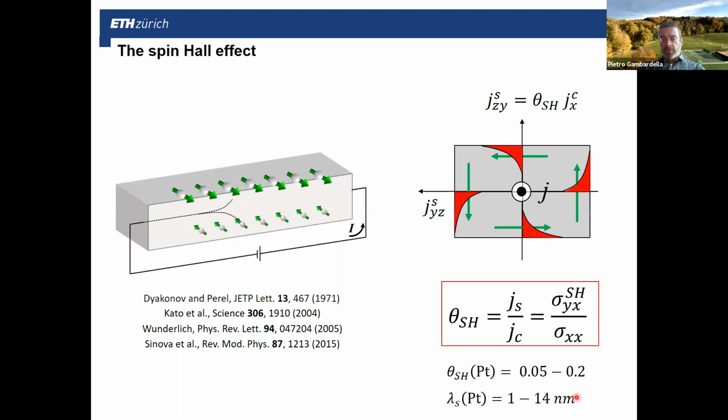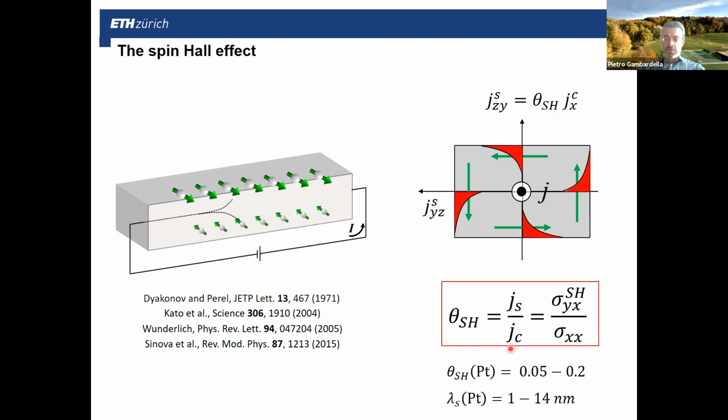And the other relevant parameter in such a process is the so-called spin-Hall angle, which is defined as the ratio of the spin-Hall conductivity to the longitudinal conductivity, or if you prefer, the ratio of the spin current to the charge current in units of number of electrons.